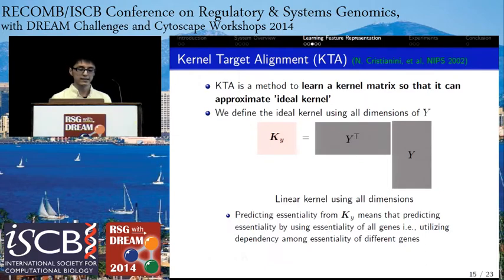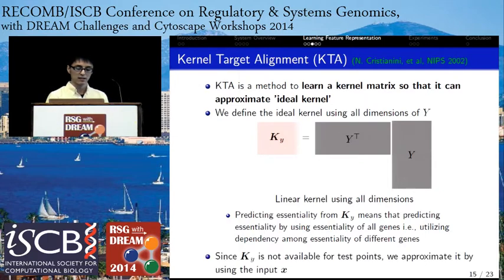But the problem is KY is not available for test points. KY contains strong prediction power, but we cannot use it, so we consider approximating this using the input data.